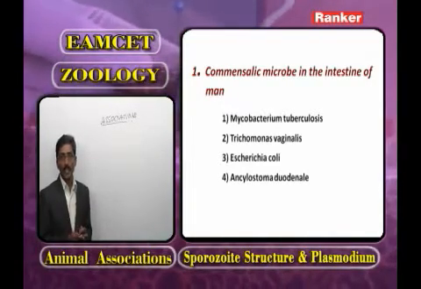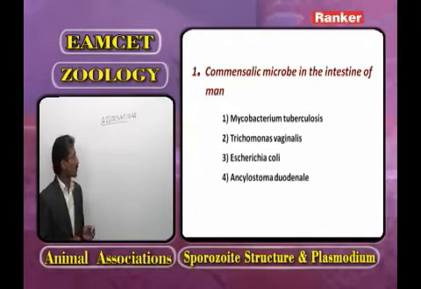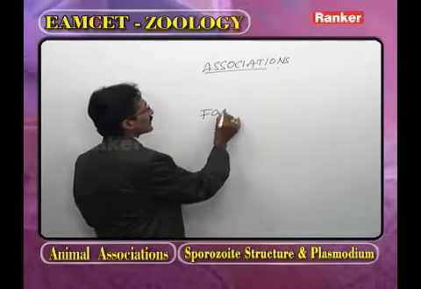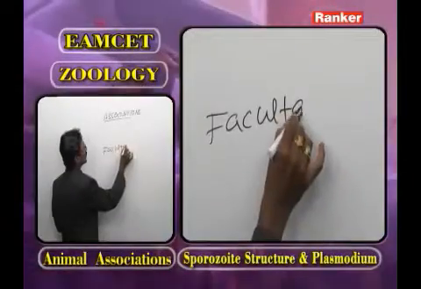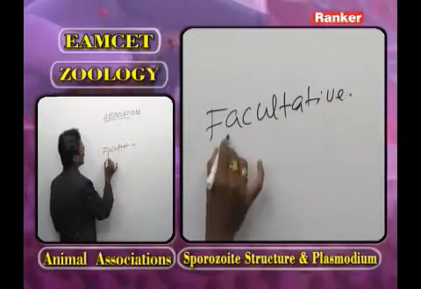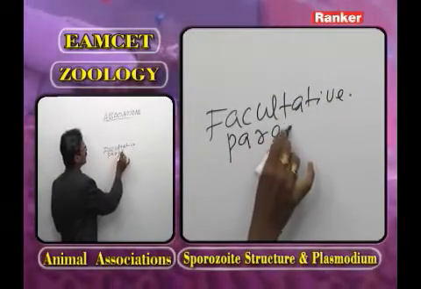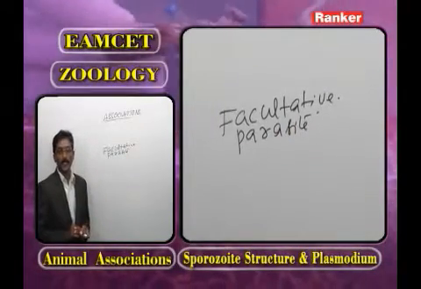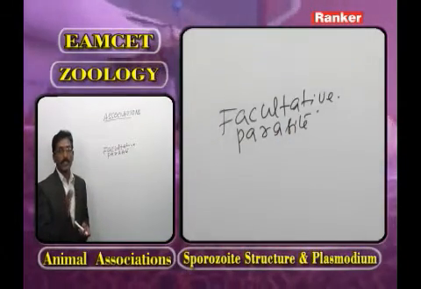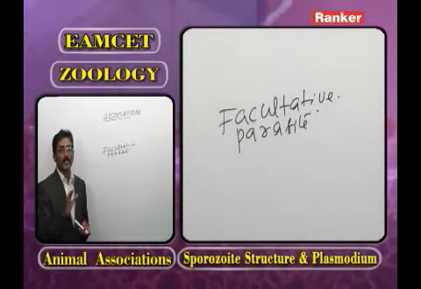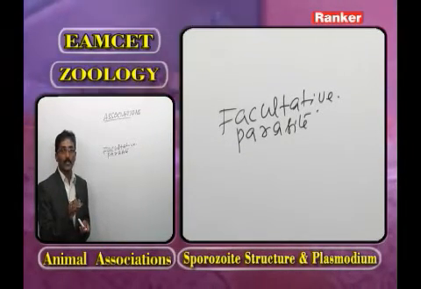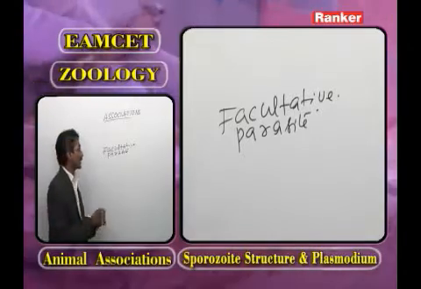Mycobacterium tuberculosis is a facultative parasite. What is meant by a facultative parasite? As long as the host is present, it lives as a parasite. In the absence of the host, the parasite lives independently.